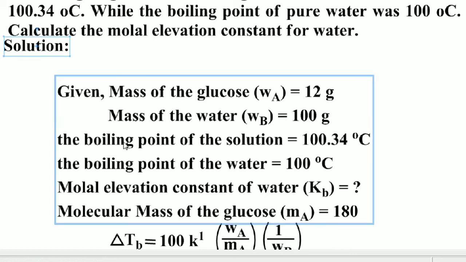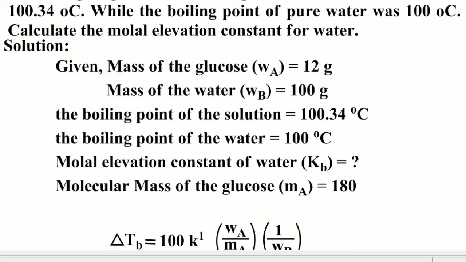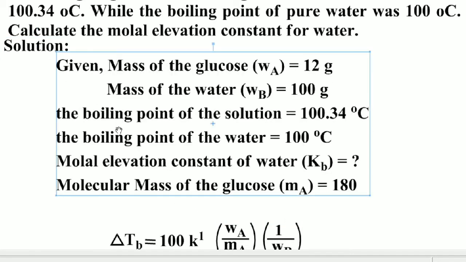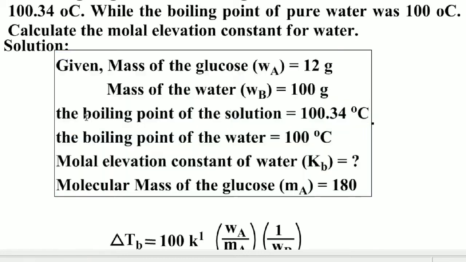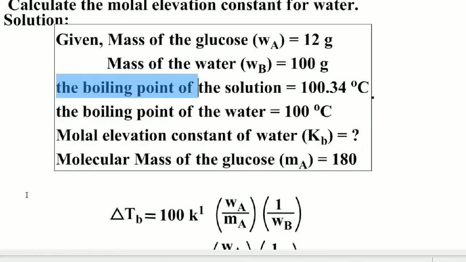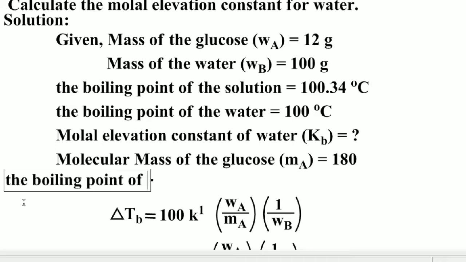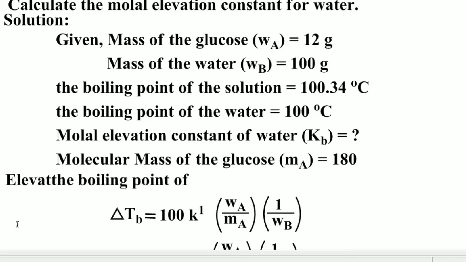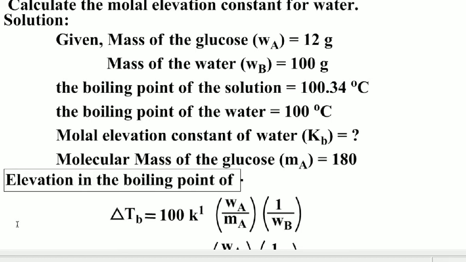Now students, here you can see the boiling point of the solution and the boiling point of the solvent is given. Now we can calculate the elevation in the boiling point. Elevation in the boiling point, that is delta TB, is equal to the boiling point of the solution minus the boiling point of the solvent.